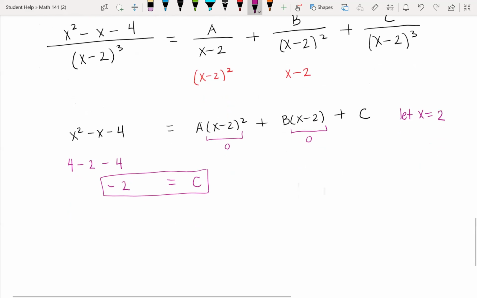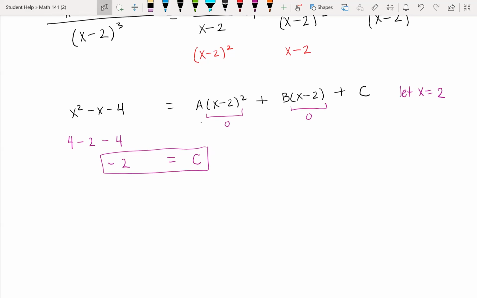Right? So let's go back to this part here and rewrite it again. Let's say x squared minus x minus 4 equals, and I'm going to multiply out what I have here on the right. I've got A, this is x squared minus 4x plus 4, and this is x minus 2.